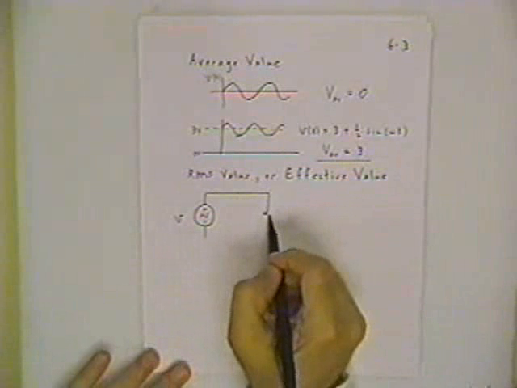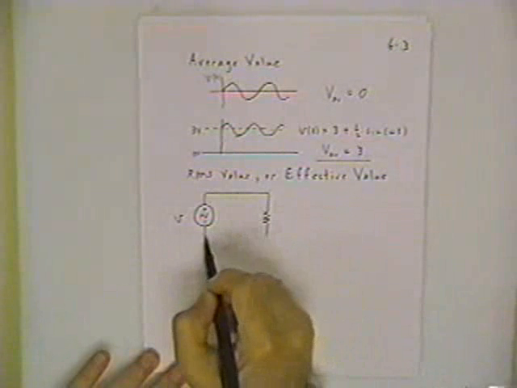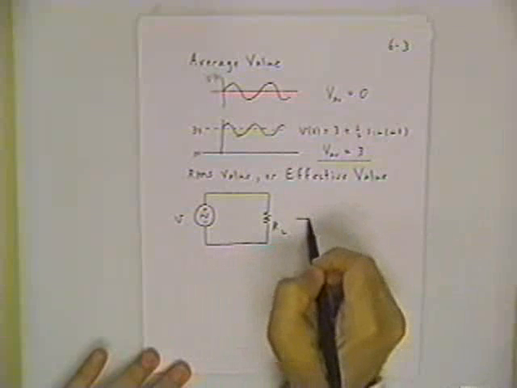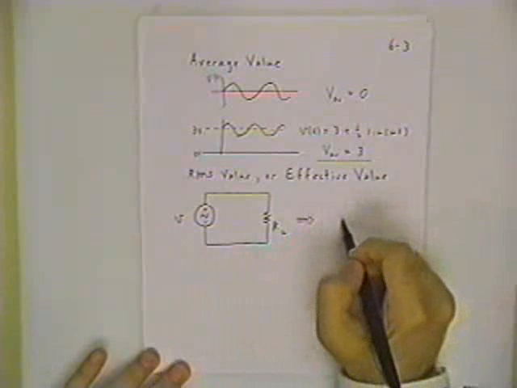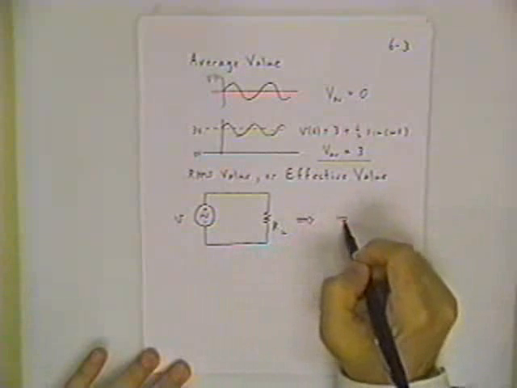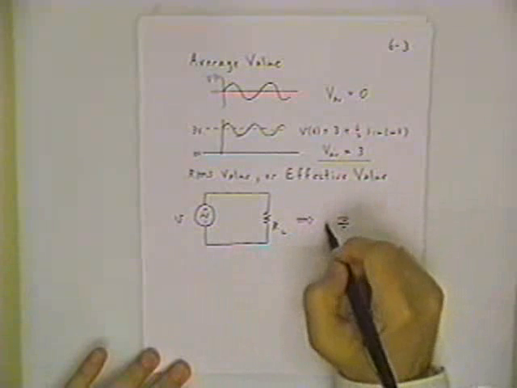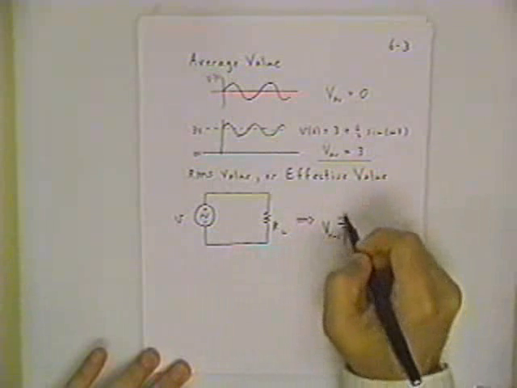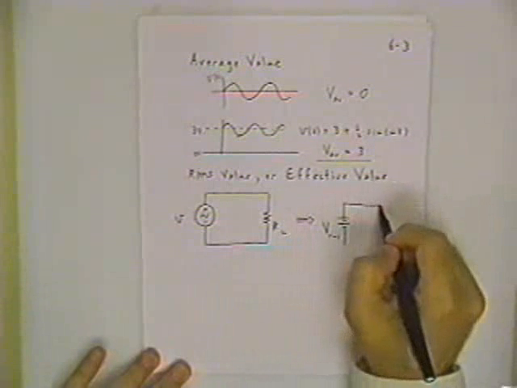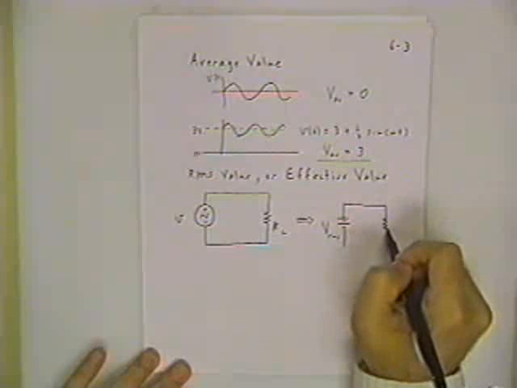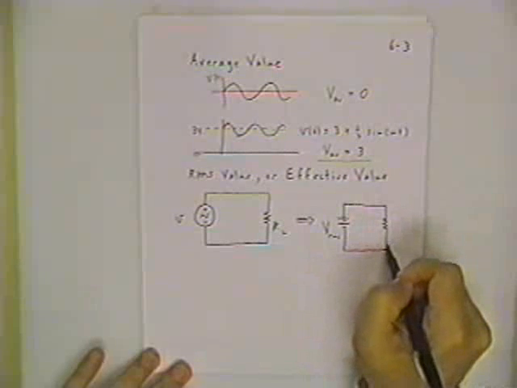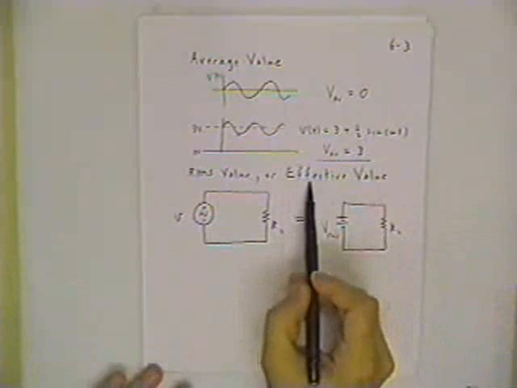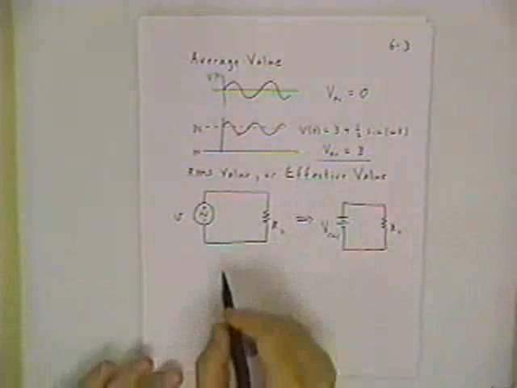In terms of how much power is being dissipated in this load resistor, there is an effective DC, and let me emphasize that by using a battery, a DC voltage called VRMS that would have exactly the same effect on the load resistor. And the fact that it has the same effect is where this effective value comes in.